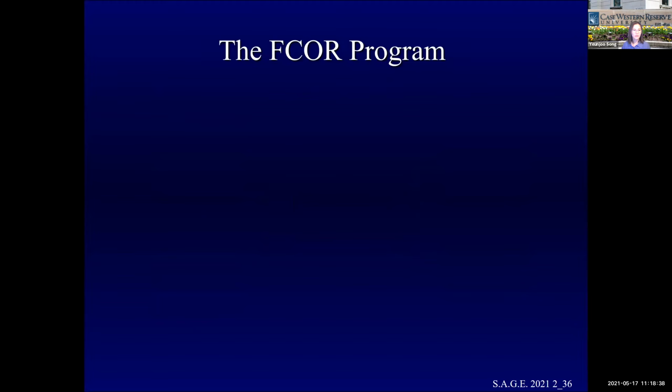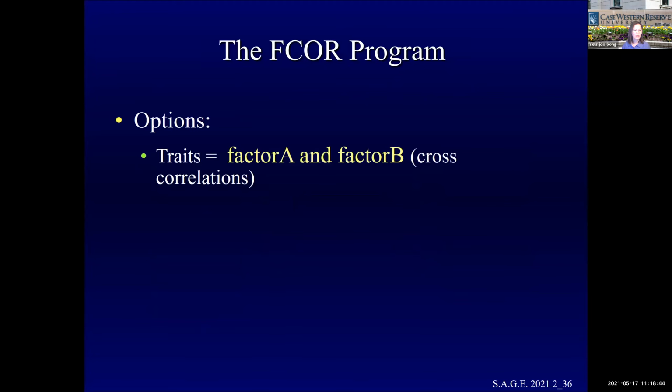The first example that we are going to see uses these options. We will decide to analyze the first two traits, factor A and factor B. So we will have some cross correlations, which means correlations between the traits as well.